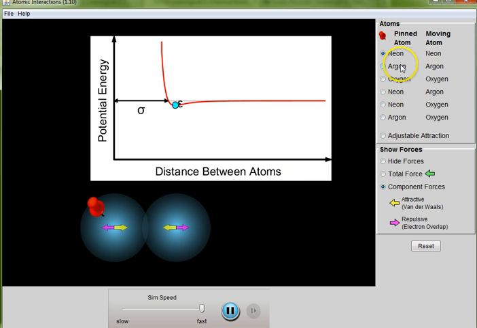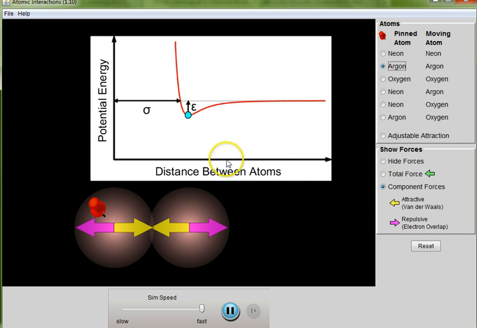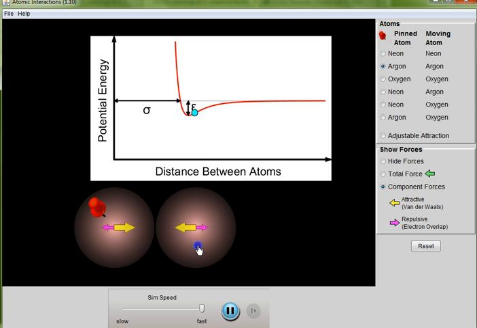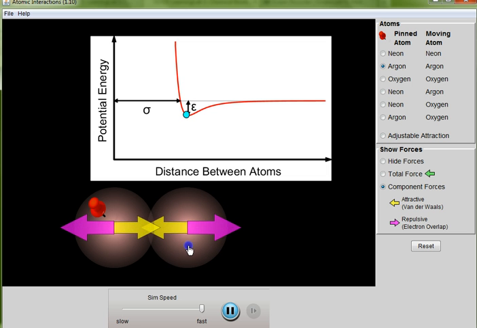Same thing with argon. You can say they have slightly larger energy drop, and as a result, they have slightly larger bond length. So right here, you can see that. Slightly larger than neon, and because the nucleus is larger, the charges are more with argon.